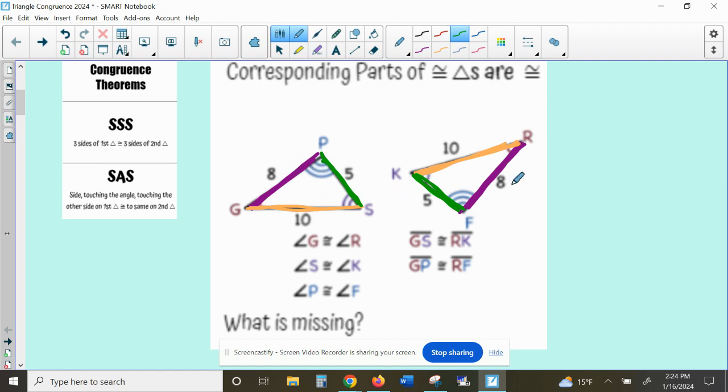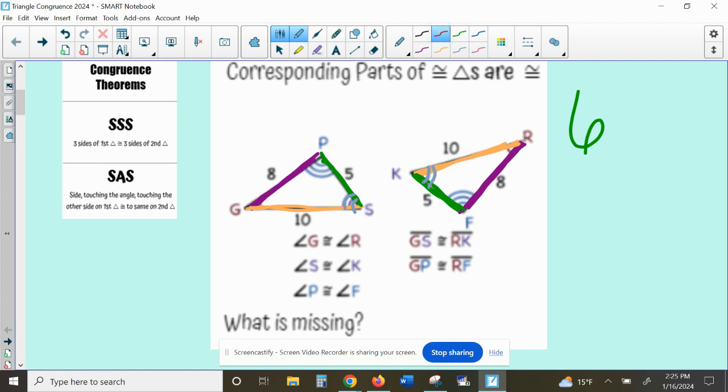Now, if you have these 3 congruent sides, remember there's actually 6 parts to a triangle. We have the 3 matching sides, the orange one, the green one, the purple one, but we also have matching angles. So we have this angle. They have put a little double arc right here, which is going to match this angle here, because that was a double arc.